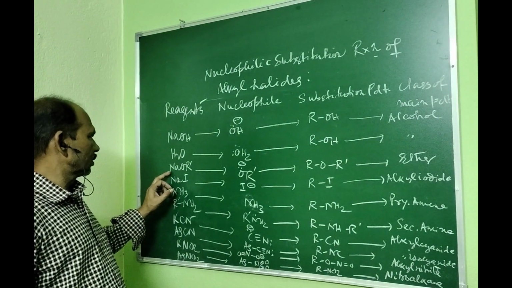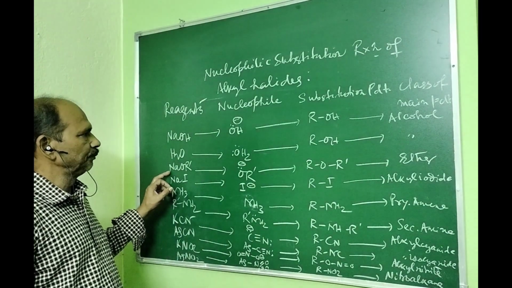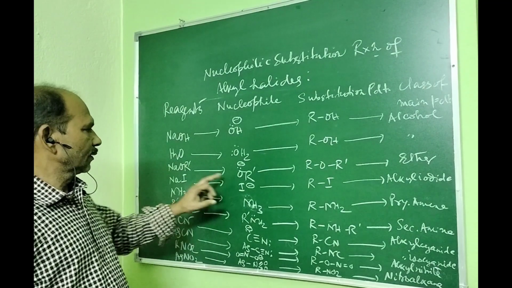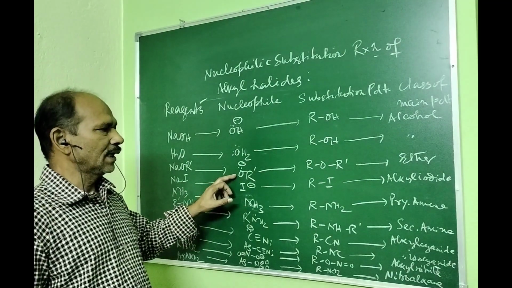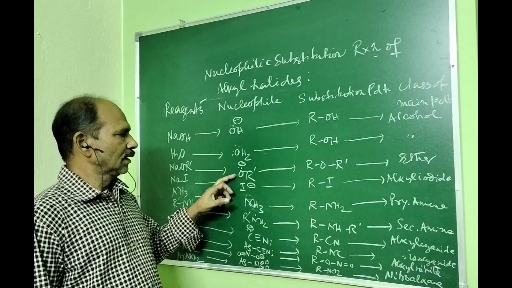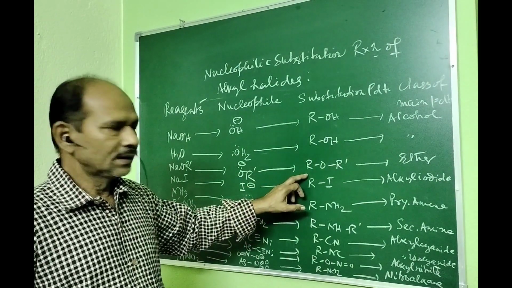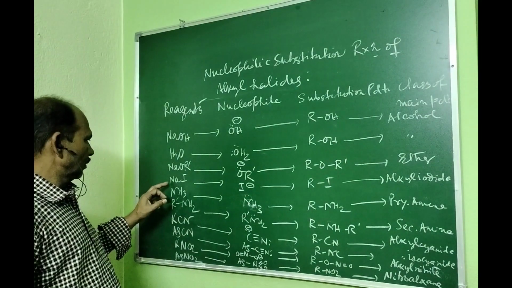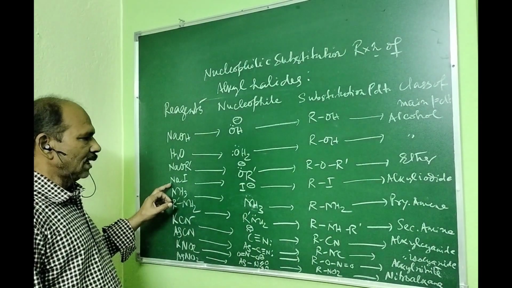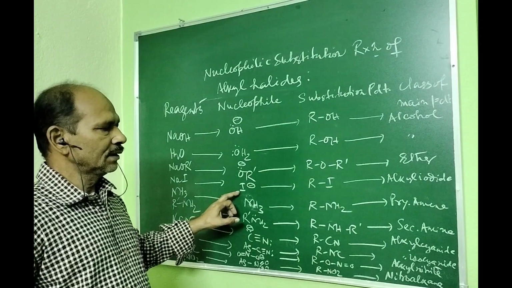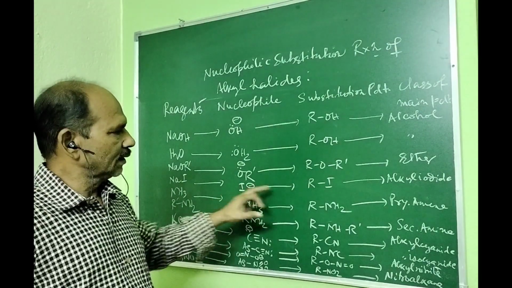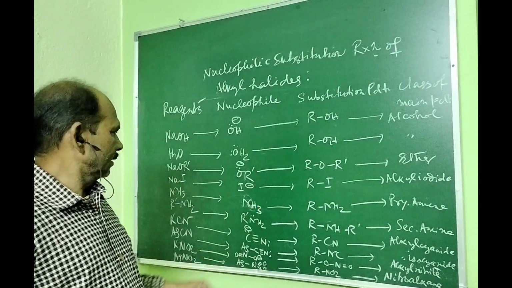In the case of sodium alkoxide, the nucleophile is the alkoxide ion, and it acts as a nucleophile, and the product is ether. When the reagent is sodium iodide, the iodide ion acts as nucleophile, and the product is alkyl iodide.